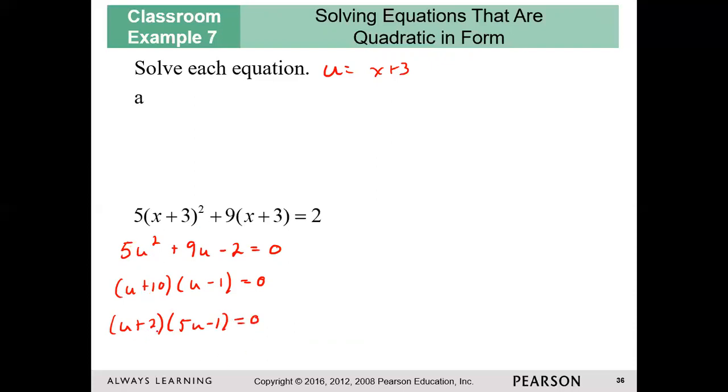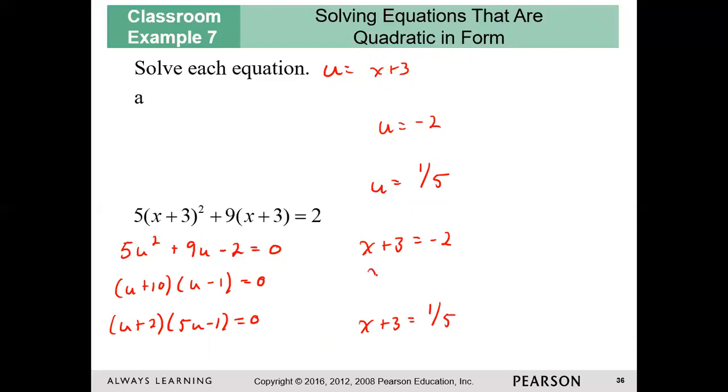And then once you get to this phase, you can write this as u is equal to negative 2. You can write this as u is equal to 1/5, and then you can bring your x back in. So you have x plus 3 is equal to negative 2, and you have x plus 3 is equal to 1/5.